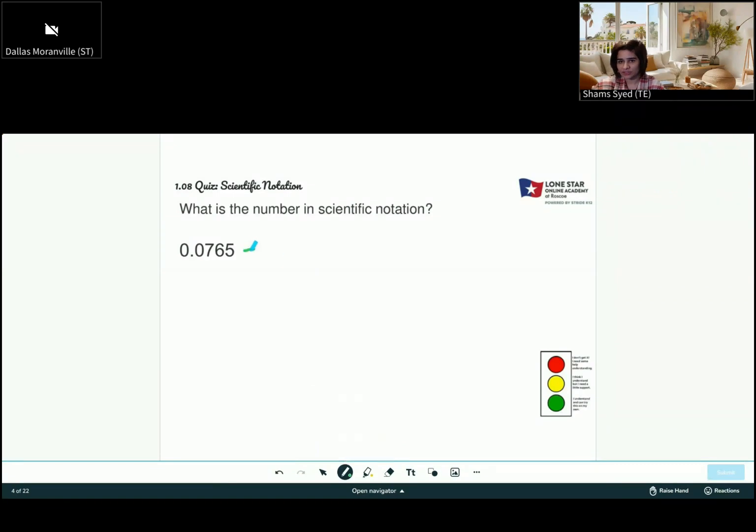They will change this number so that the first number is between 1 and 9, and they will do times 10 and give it an exponent to make it like the actual number. Numbers like these that are small start with 0 because they are less than 1 and will have negative exponents. Small numbers will have negative exponents to show that they are small numbers.